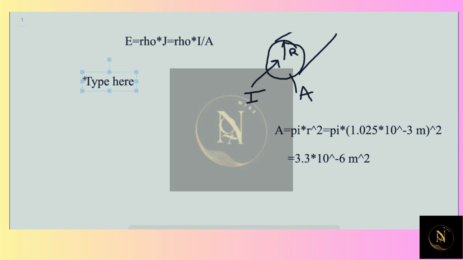Okay, I'm going to rewrite this. E equals 1.72 times 10 to the minus 8 times 4.5 amps divided by 3.3 times 10 to the minus 6. I'll go ahead and stick in all my units.